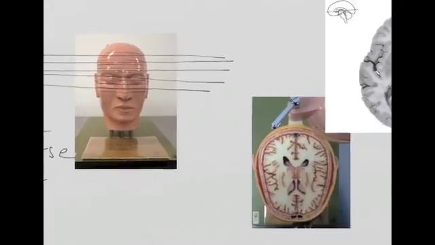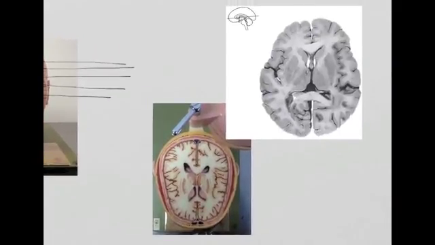The image what we will get would be something like this, and this we describe as the transverse or axial section, transverse or axial section of the brain.